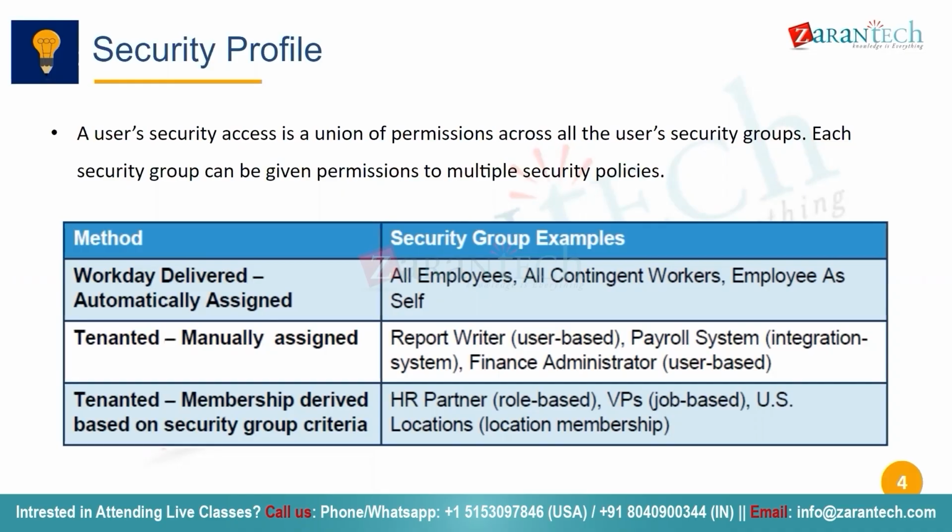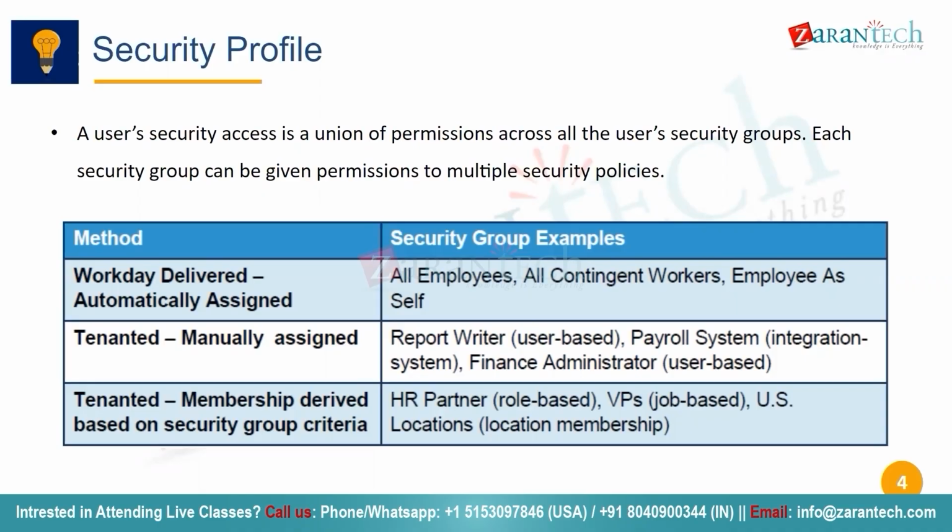Okay. And another is tenanted membership derived based on the security group criteria. Ideally, these are the role-based security groups. So HR partner, or we have the location-based HR business partner, or the talent service, which are defined as role-based security groups.